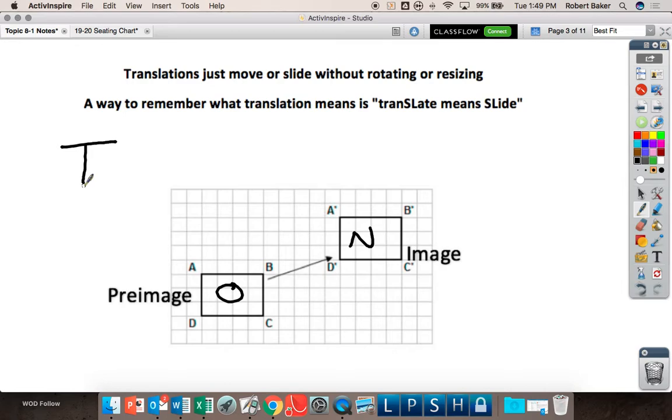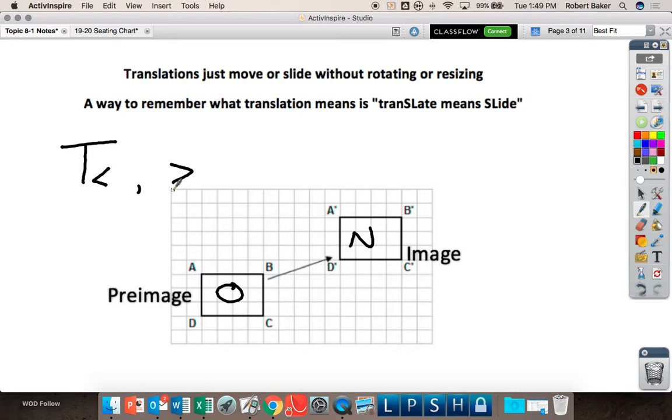T for translate. So that big T tells me I'm about to slide or translate a figure. Now I need direction. How did I get from here to here? We always go left and right before we go up or down.